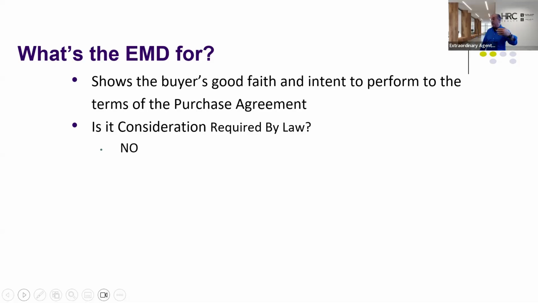The earnest money deposit itself is not necessary to create a binding agreement. It could be love and other good consideration. So the idea of having to have an earnest money deposit is not accurate. However, it is the best way for us to make sure that we're taking care of the parties to the transaction.